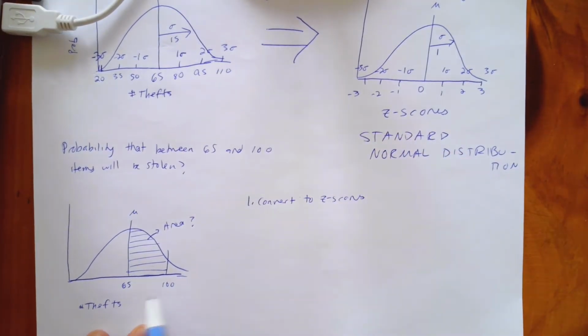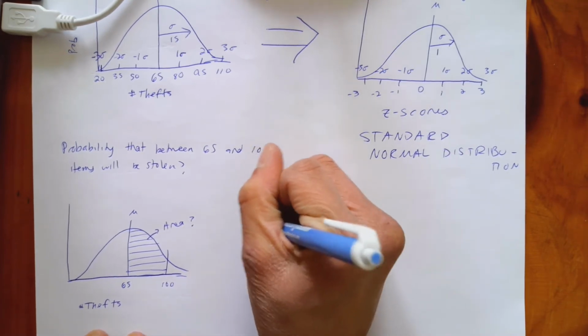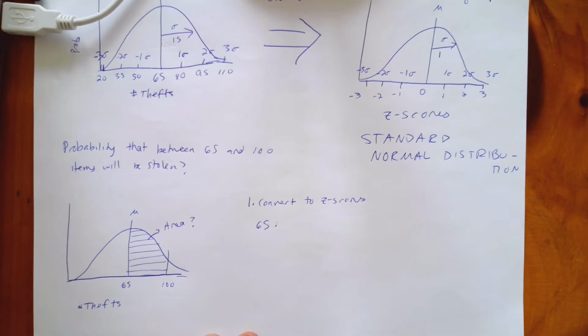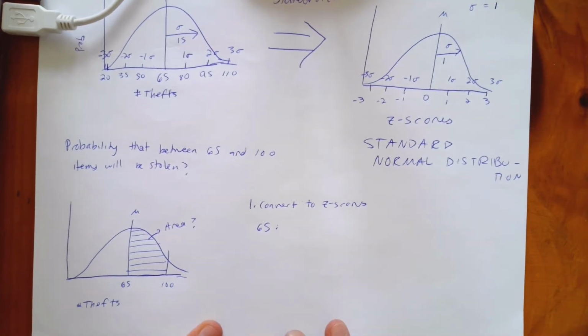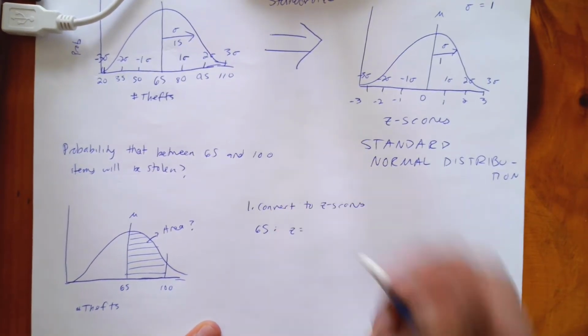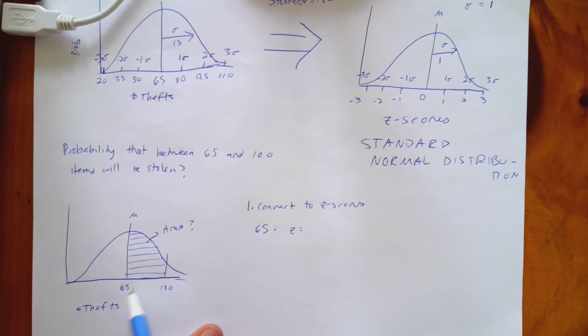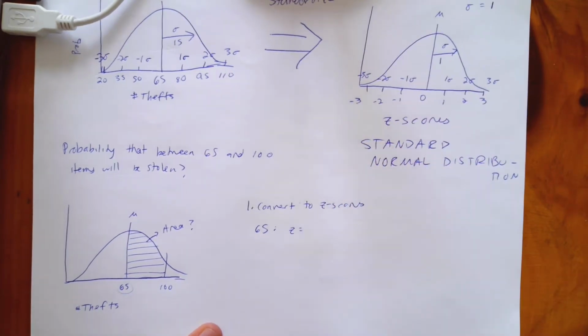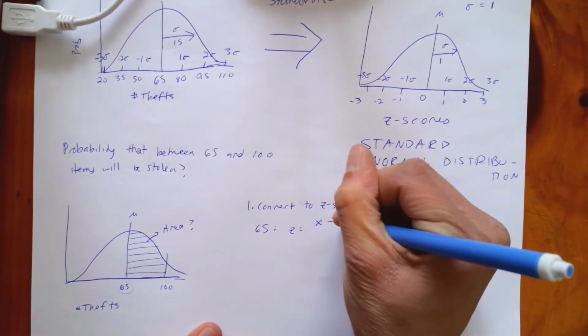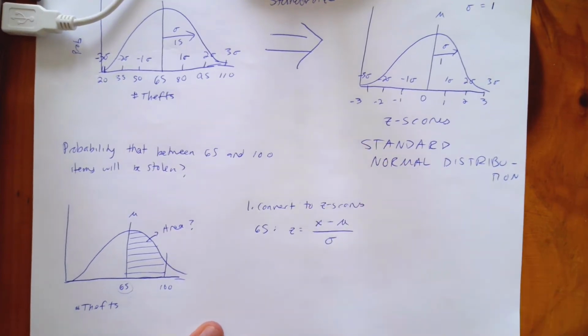So these values that we're interested in, we want to find the z-scores for them. The first one, 65, is the mean. So you should know what this is going to come out to be, but I'll go through it anyway. So we want to find a z-score for 65. Our z-score formula is the same as it was on the last piece of paper.